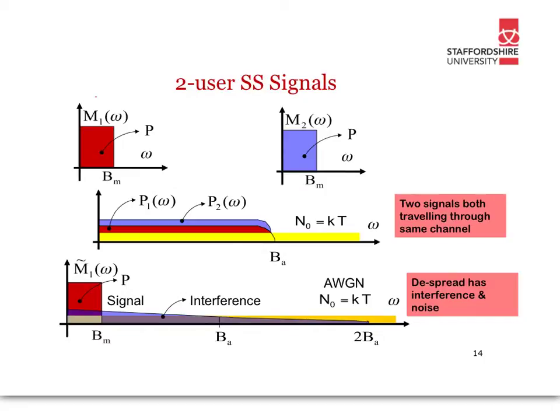And again, the noise is only effective at this bandwidth, not the entire bandwidth. So this is how we can have multiple users travelling through the same channel. If they are totally orthogonal, then this multiple access interference would not have any effect whatsoever. It would just be the same as the noise.